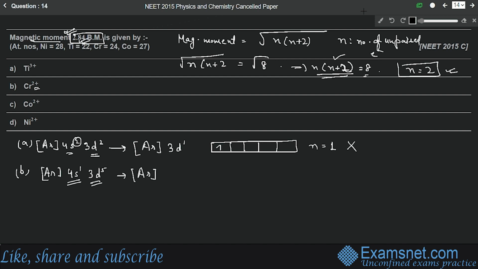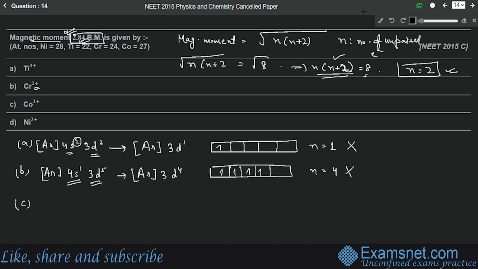Argon and 3d4, right? Let's draw here. These are the 5 d orbitals. 4 electrons are there, 1, 2, 3, 4. So the number of unpaired electrons in this case is 4. So this is also not correct because we have to see which one has 2 unpaired electrons.